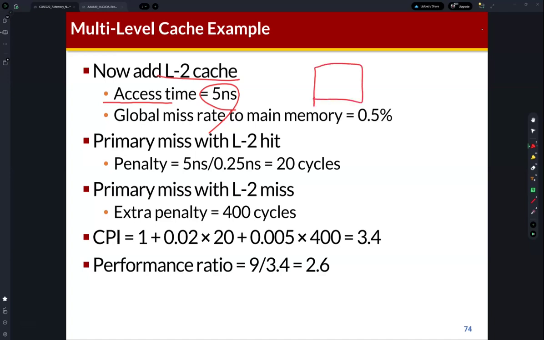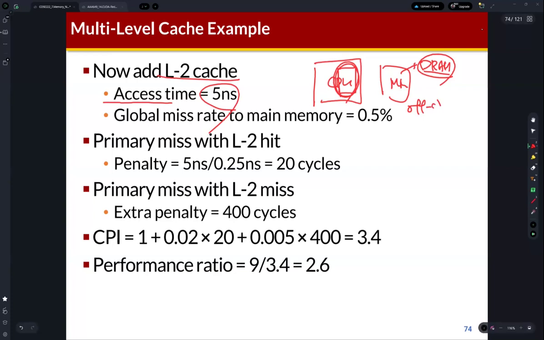If you look at a computer's main board, you can find the main memory and the CPU, because we use DRAM as the main memory, and the caches are inside of the CPU chip.